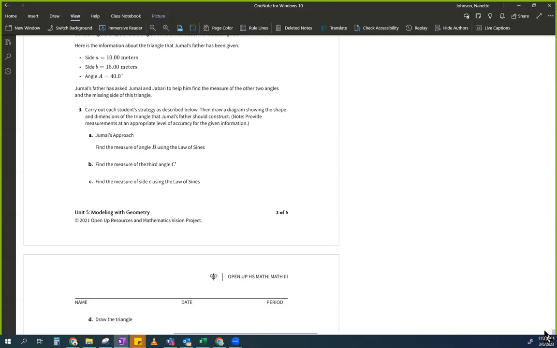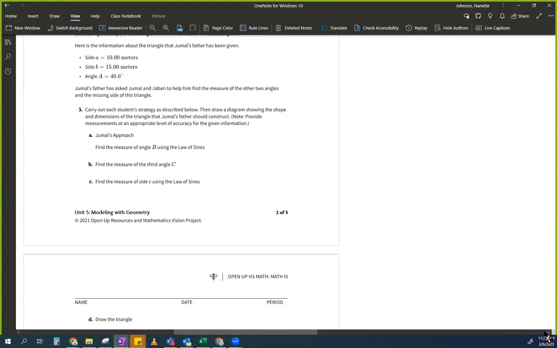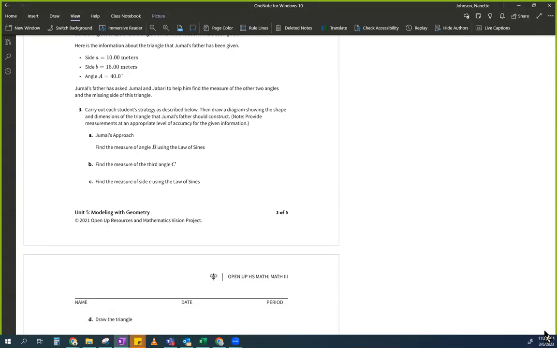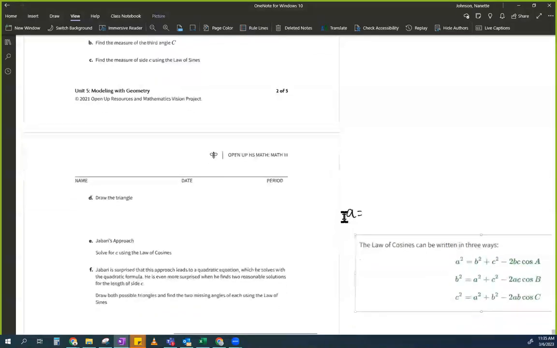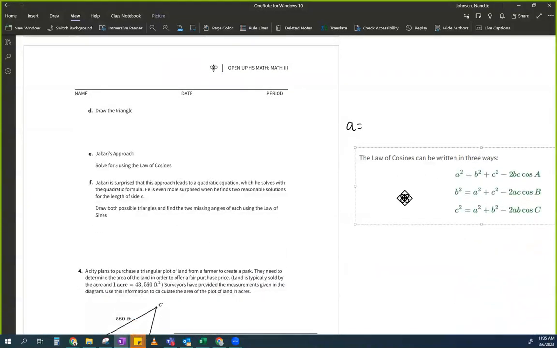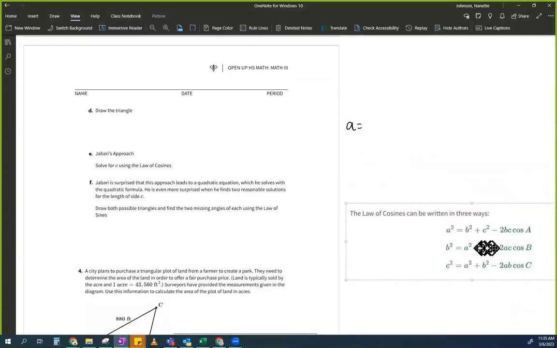Actually, I'll just draw it down here. So we got A is 10 meters, B is 15 meters, and angle A is 40 degrees. Oops, I wrote on top of it. Let's move this down a little bit.